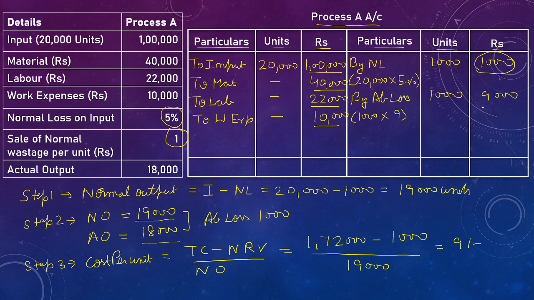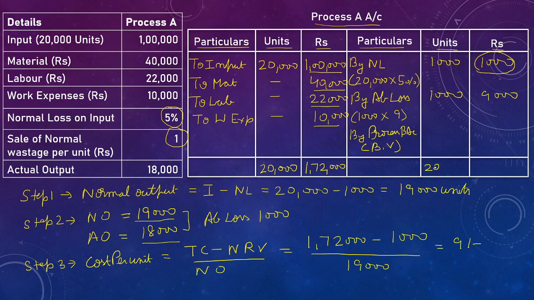Now the balancing value of process A becomes the input of process B, and the entry we make here is by process B account. This is our balancing value which is transferred to the next process. First we total the debit side. In the units column we write 20,000, and in the amount column 1,72,000.